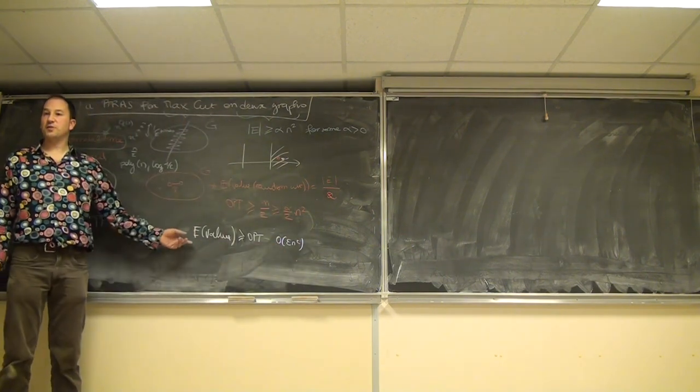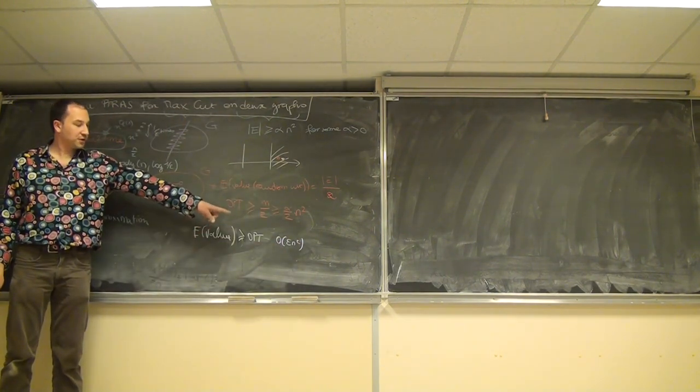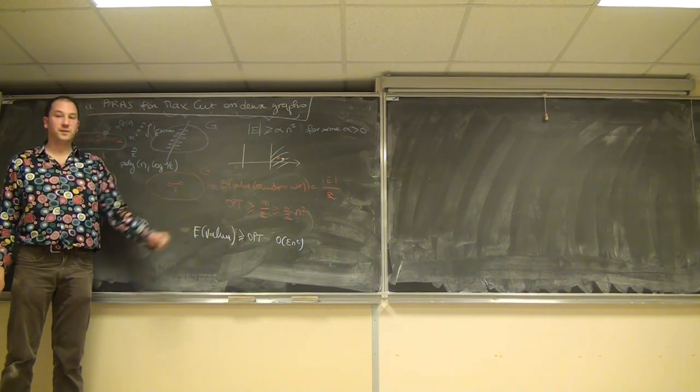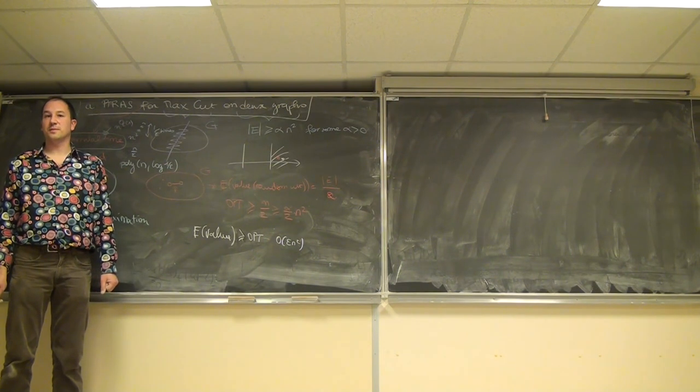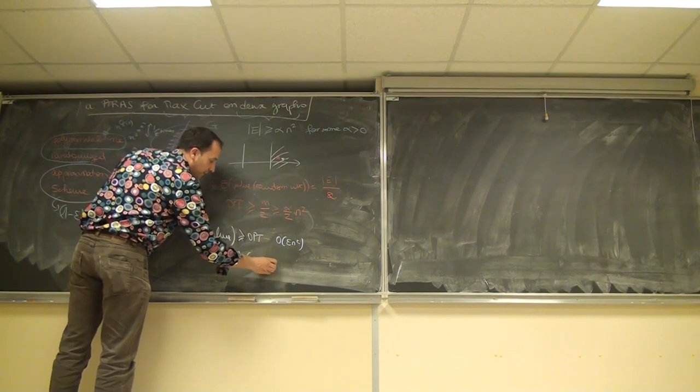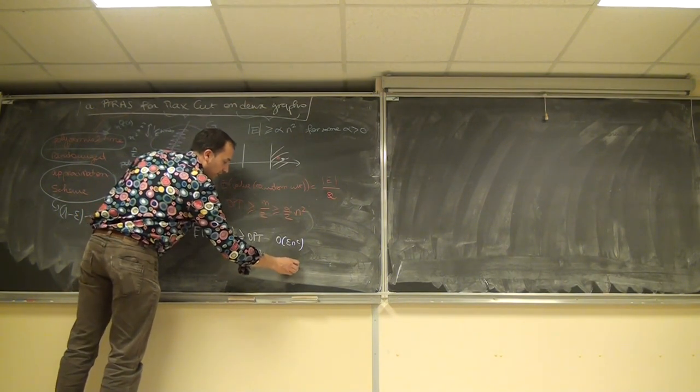So if we manage to approximate the optimum value up to some additive term epsilon n square, then we have a 1 minus epsilon approximation. This is larger than 1 minus big O of epsilon times opt.